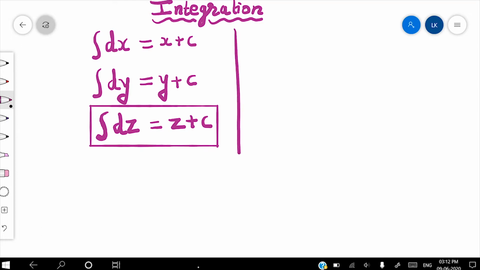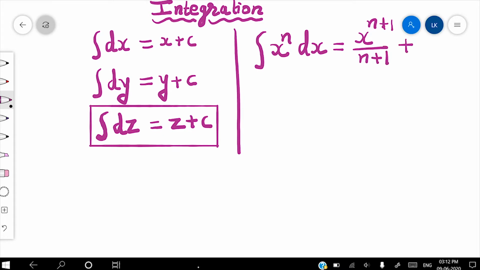Now another formula. We want to see the integral of x raised to n dx equal to, the formula is x raised to n plus 1 upon n plus 1 plus c. Now the question is, what is the meaning of c?